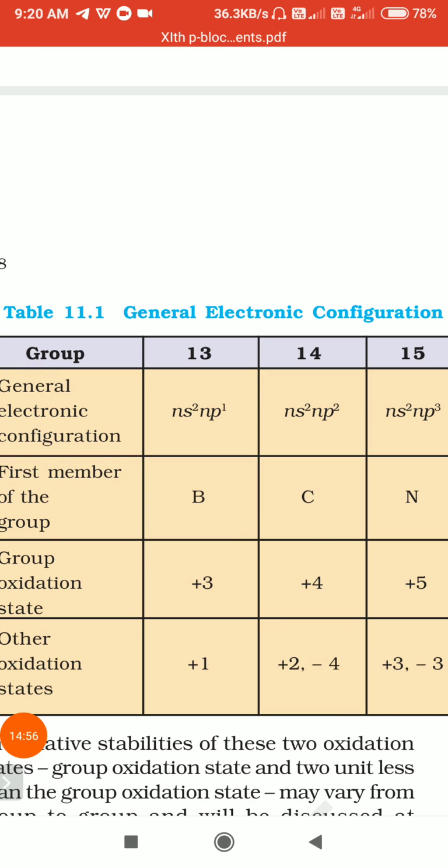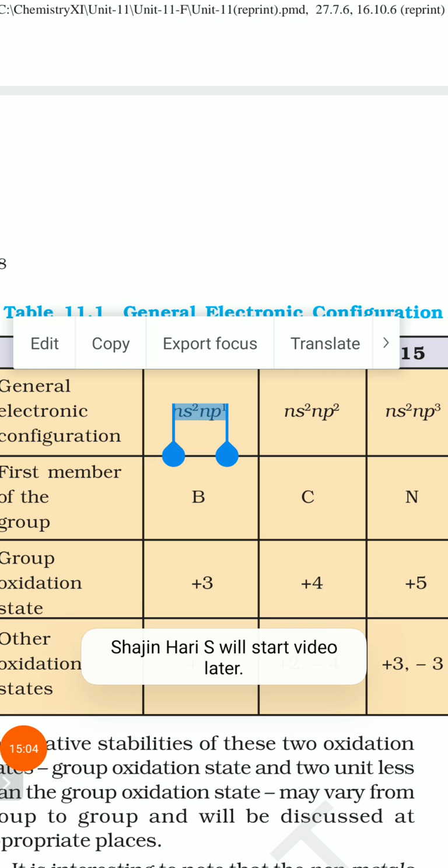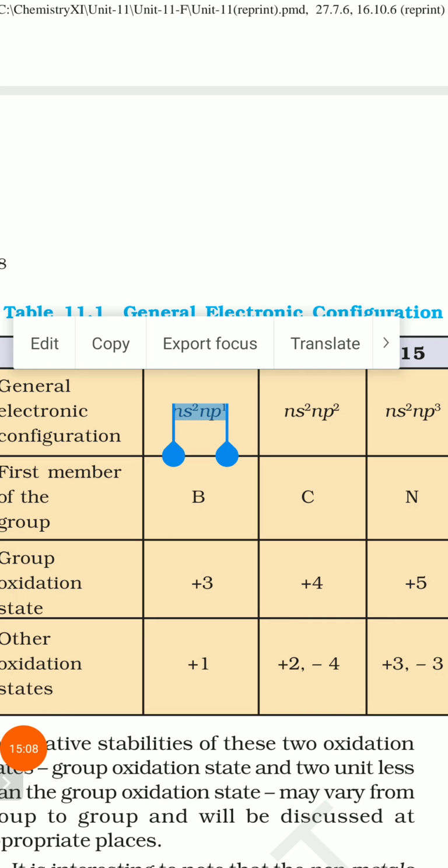For example, see there. 13th group element, how many electrons are there? ns2 np1, that means 2 plus 1.